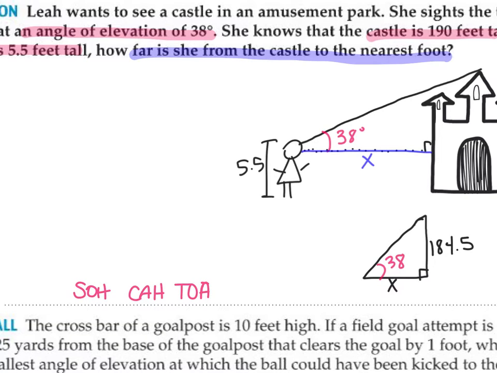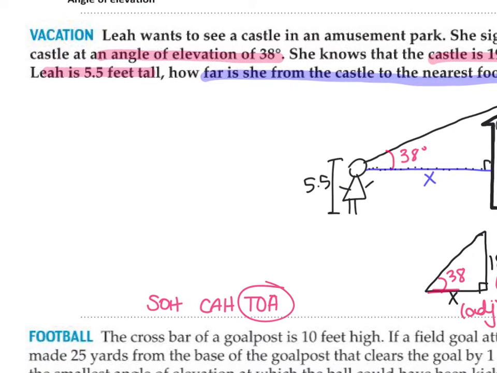We look at where our angle is. 184.5 is opposite, and then x lies along our angle, so x would be adjacent. We have opposite and adjacent, which means we will need to use tangent.